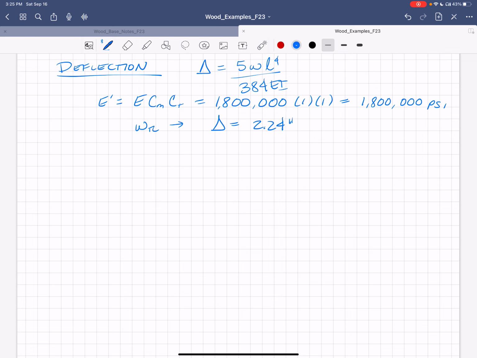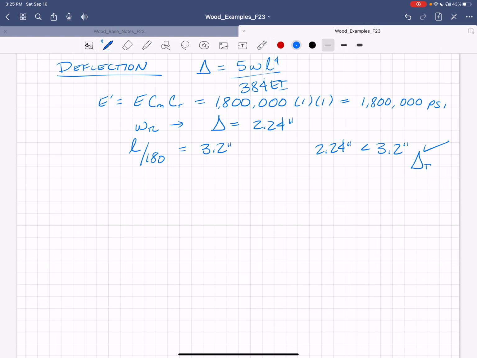The requirements that they told us to use were those at IBC in the table, which in this case is L over 180. So L over 180 is going to give me 3.2 inches. So 2.24 actual less than the 3.2 allowable.